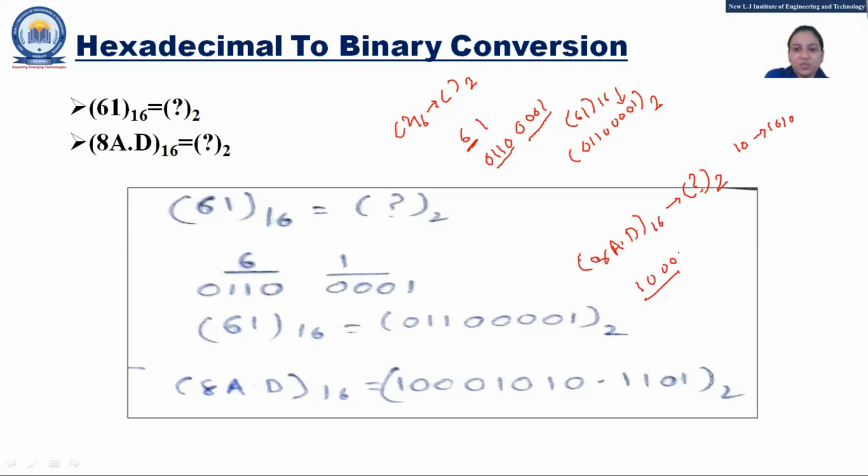So we'll write 1010 in place of A. And D: A is for 10, B is for 11, C is for 12 and D is for 13, so we write 1101. So this is the binary fraction of the given hexadecimal fraction. So this is how we can convert any hexadecimal number to a binary number.